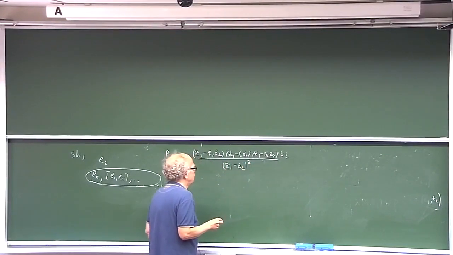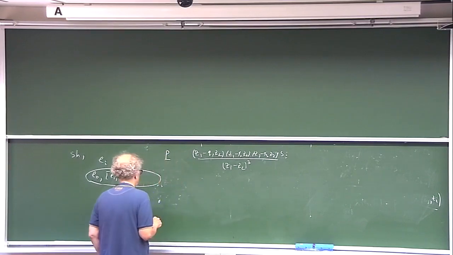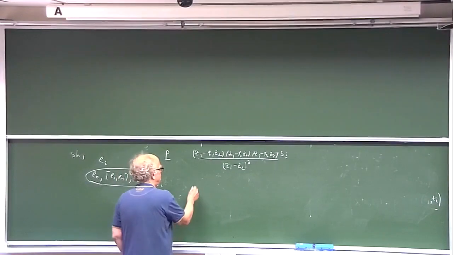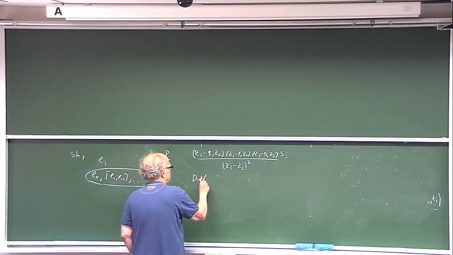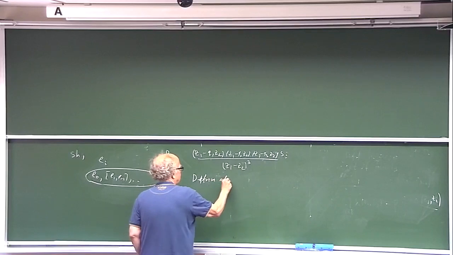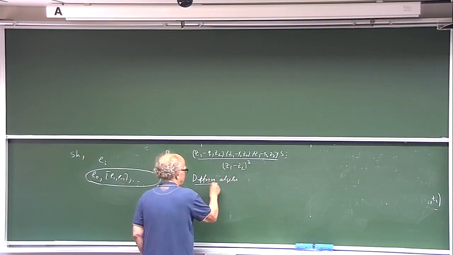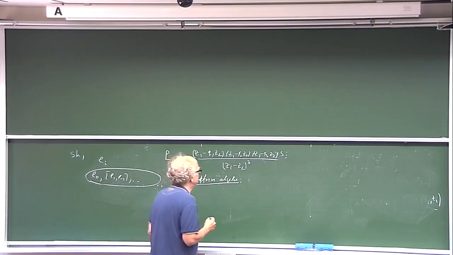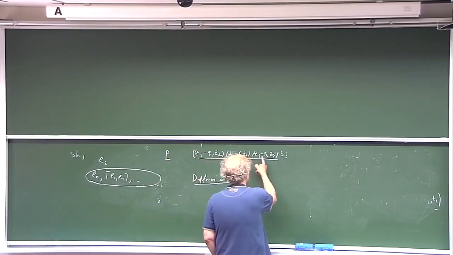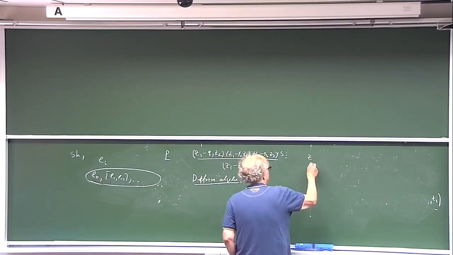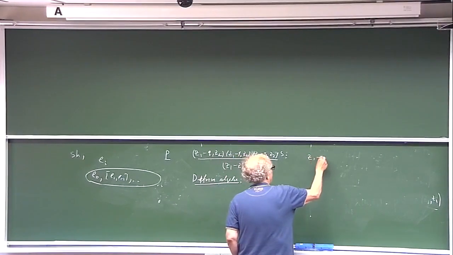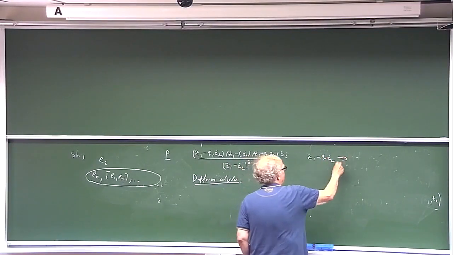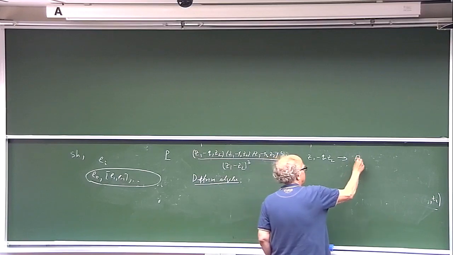If you want to deform it by P, one way to do it is to deform the shuffle algebra. For this, we have to take each U1 minus Q2 and replace it by a theta function.